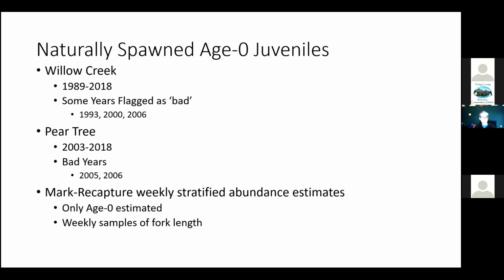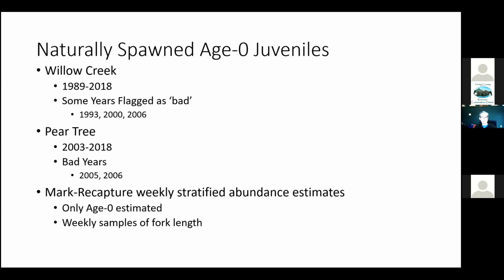For Willow Creek, we've got data from 1989 to 2018. Some years were flagged as bad. In the year 2000, sampling didn't start until May, so we missed a good portion of the early part of the year. So we decided to throw that out.